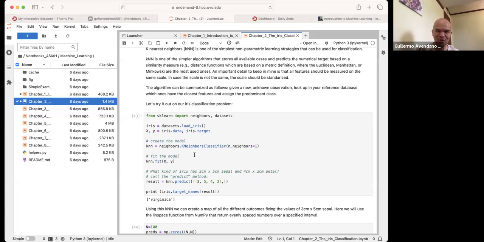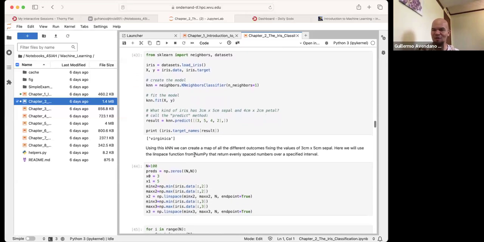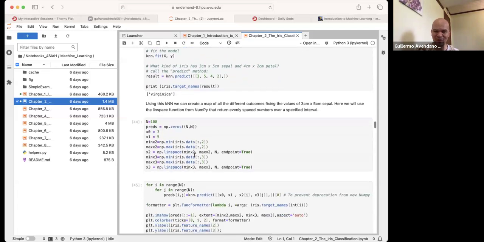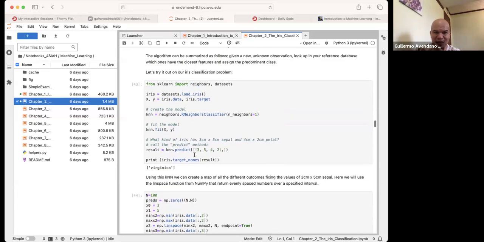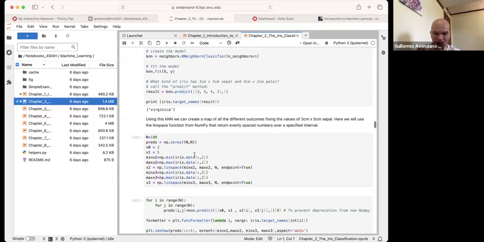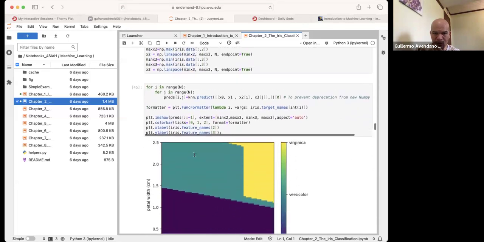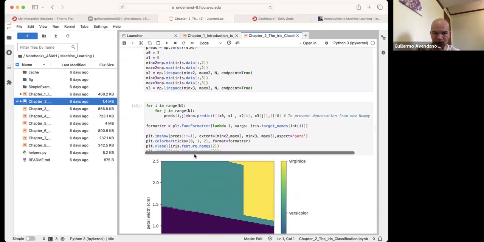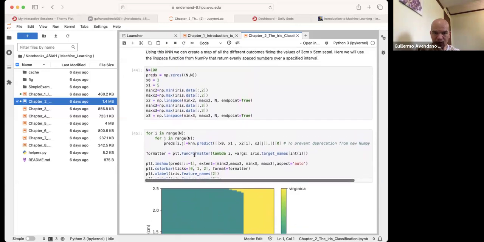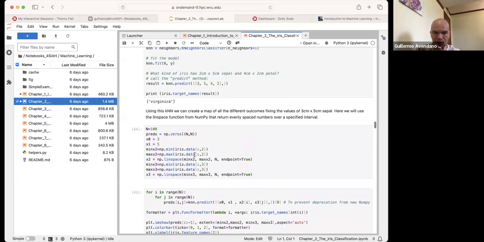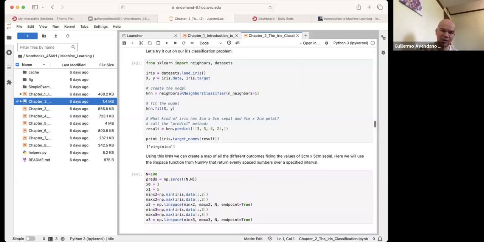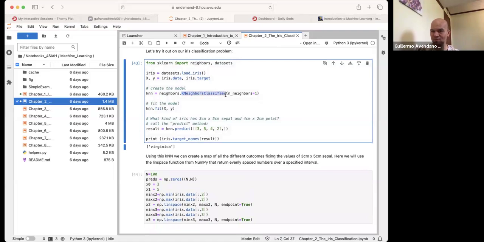We will try to classify them, try to make clusters of that. Here we are using the k-neighbors classifier.